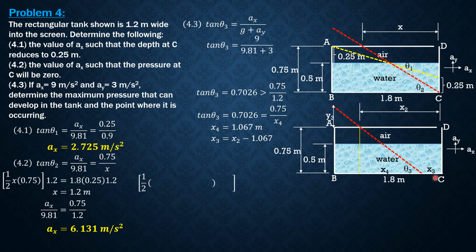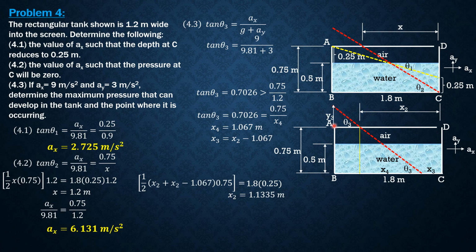So area of trapezoid, 1/2 of quantity x sub 2 plus x3, where x3 is x2 minus 1.067, times height 0.75, equals original area of air, 1.8 times 0.25. So we can now solve x sub 2: 1.8 times 0.25 times 2 over 0.75, plus 1.067, and the result is divided by 2. So x sub 2 is 1.1335 meters.